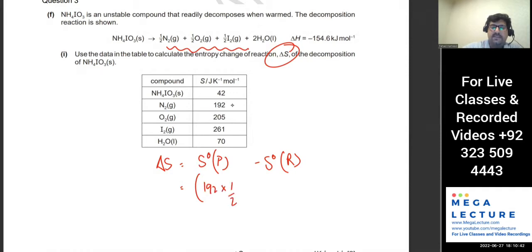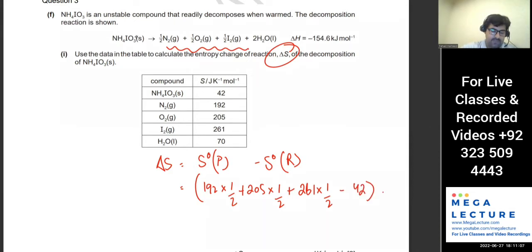So can somebody do the math quickly? O2 is 205 into half. And then I2 is gas, that's 261 into half. And minus NH4IO3, which is 42.